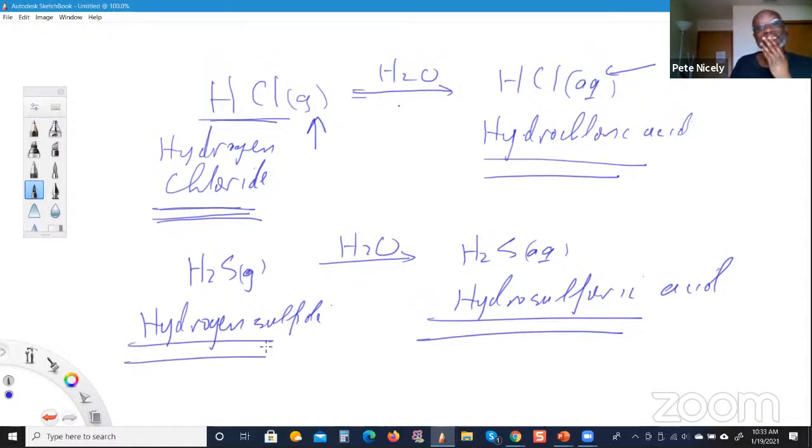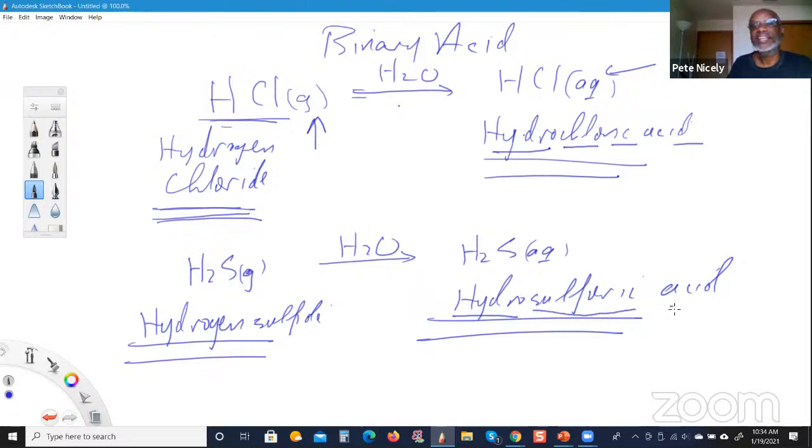So that's basically how we name binary acids. Acids consisting of hydrogen and one other element. They all start off with the prefix hydro, then the stem of the name of the other element, then ic acid. Hydro, stem of the name of the other element, then ic acid.